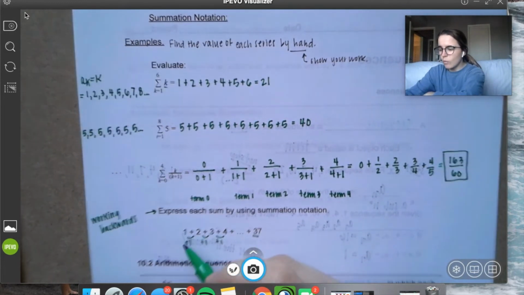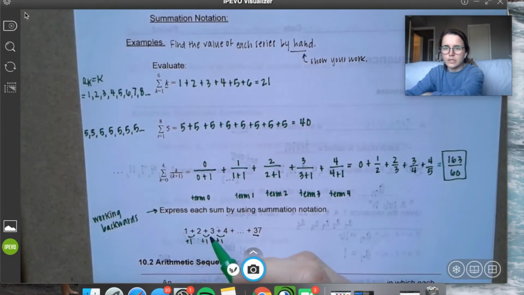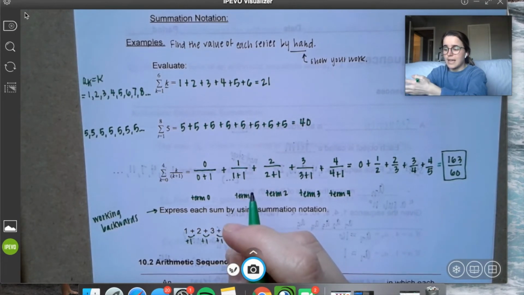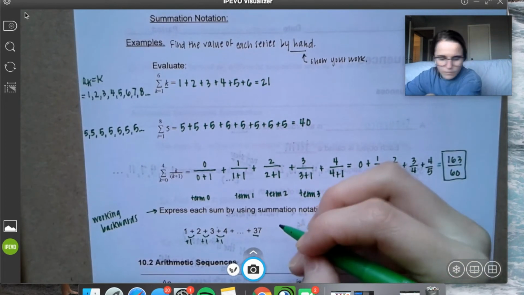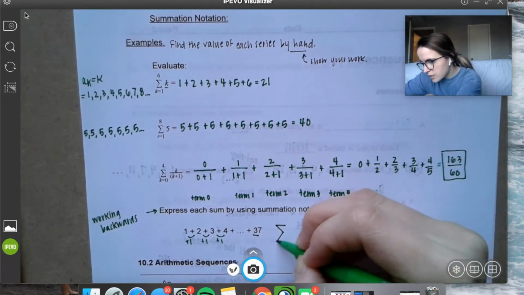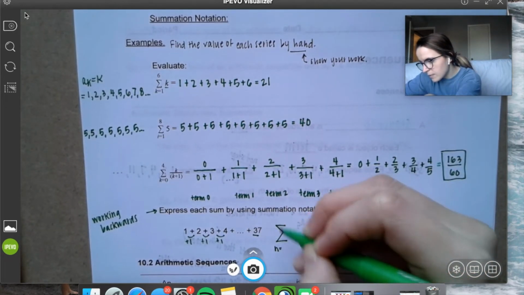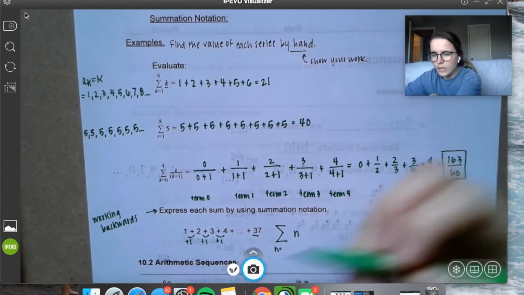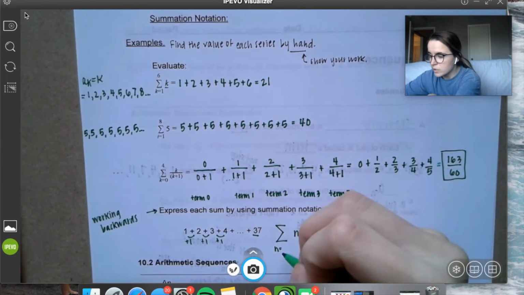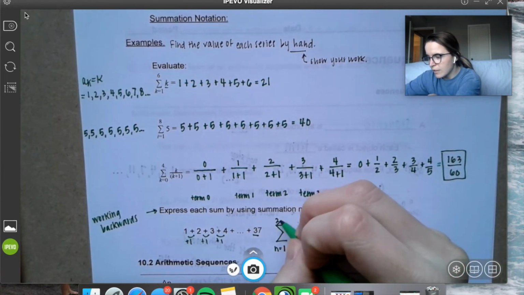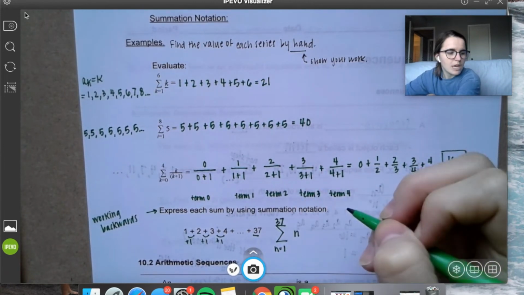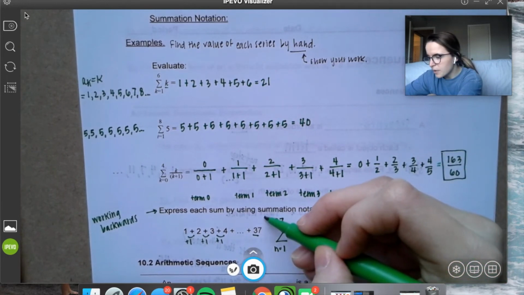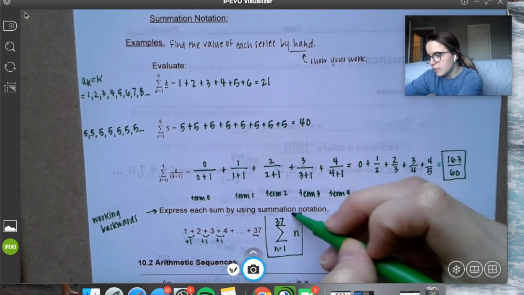Now, it's pretty obvious that 1 is our first term, 2 is our second term. And so if we were to plug in, it'd be just n. So here I'm going to have my summation symbol. I'm starting with something, I'm ending with something. And if we were to just say n, because it's going up by 1 each time, we're starting with 1 and we're ending at 37. That's it. Super easy.